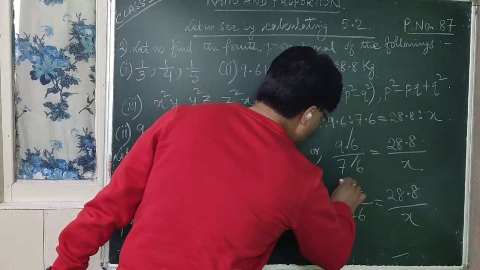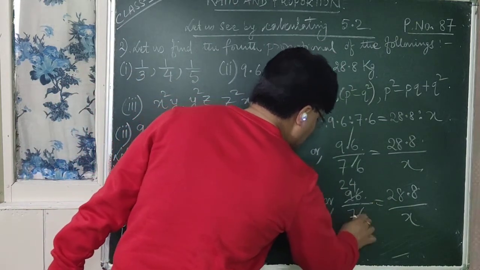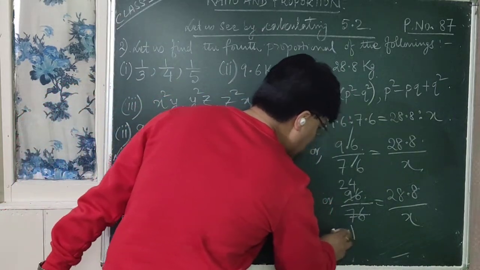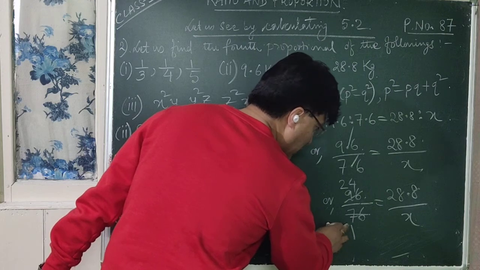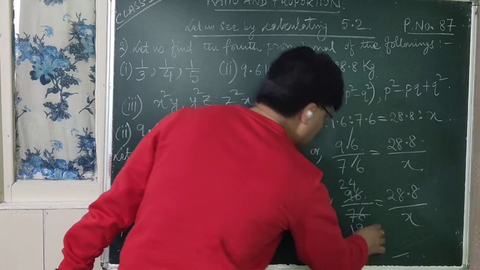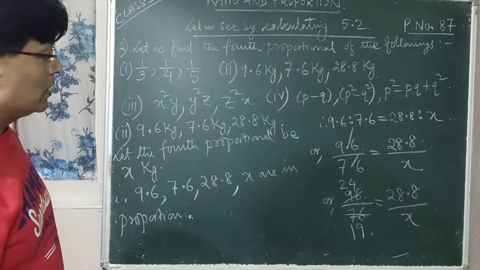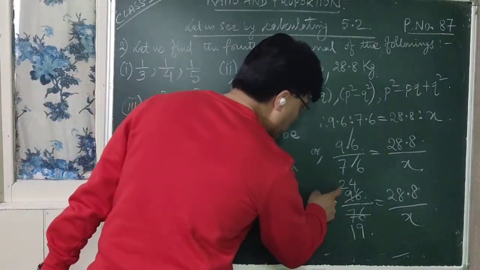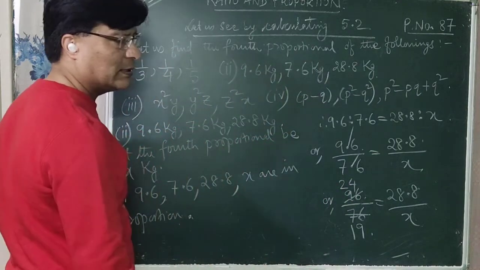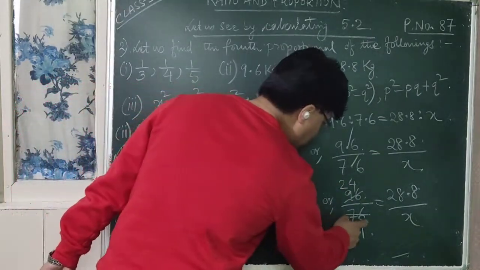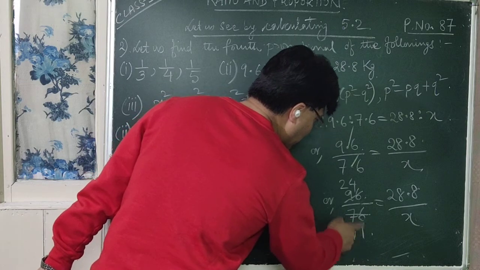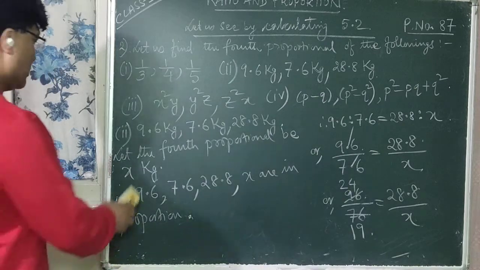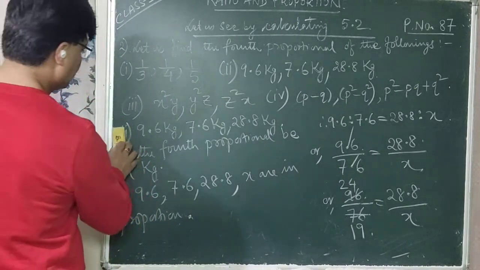So 4 2s are 8, 4 4s are 16, right? 96 divided by 4 gives 24. And 76 divided by 4: 4 1s are 4, 36, 4 9s are 36, so it is 19. Is that clear? So you have to write down the remaining terms now here.